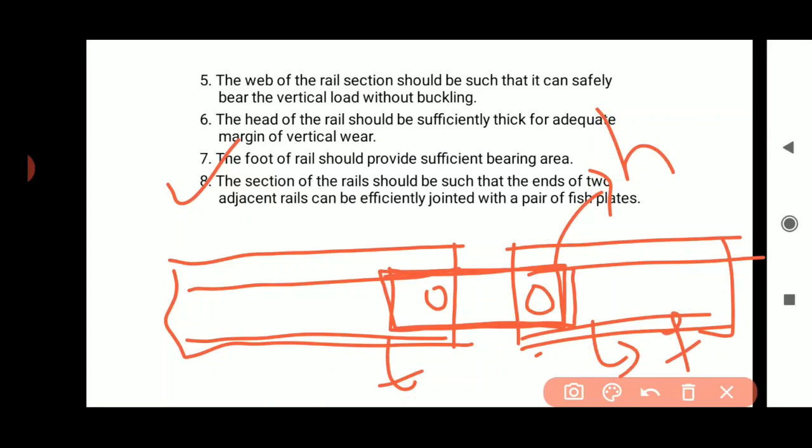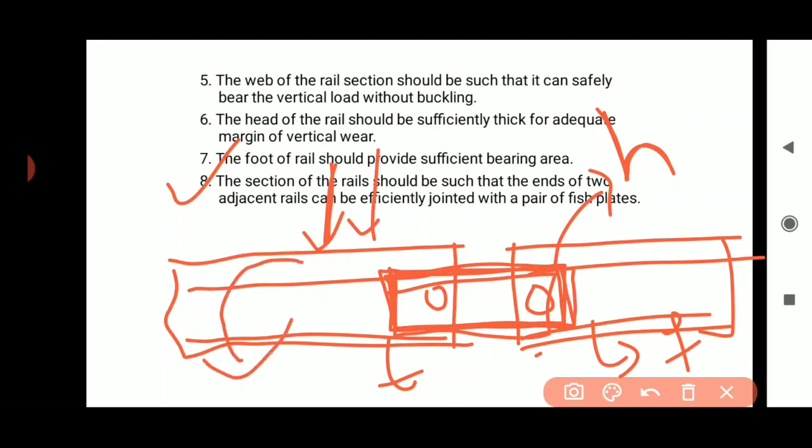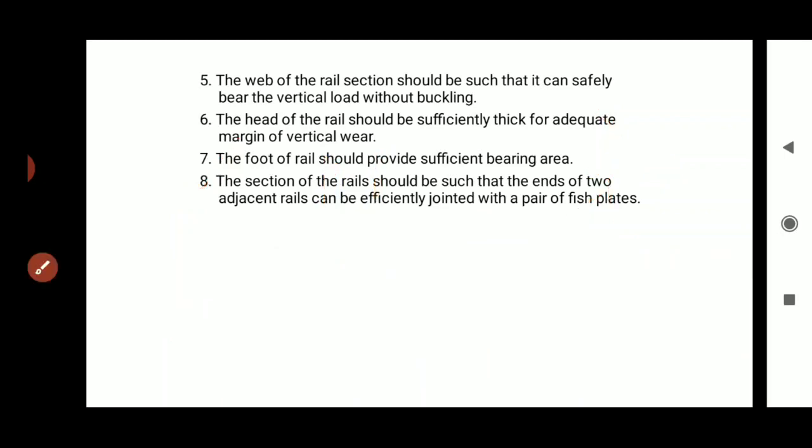So the shape of the head and foot should be such that the fish plate helps transmit the load from the head to the foot through the web efficiently. So these are some requirements of the rail.